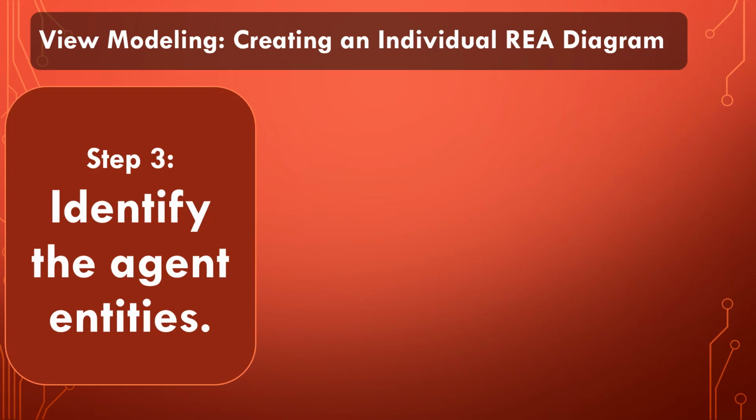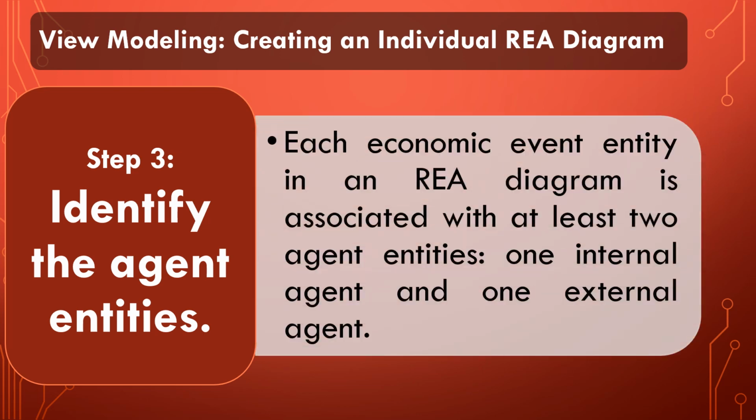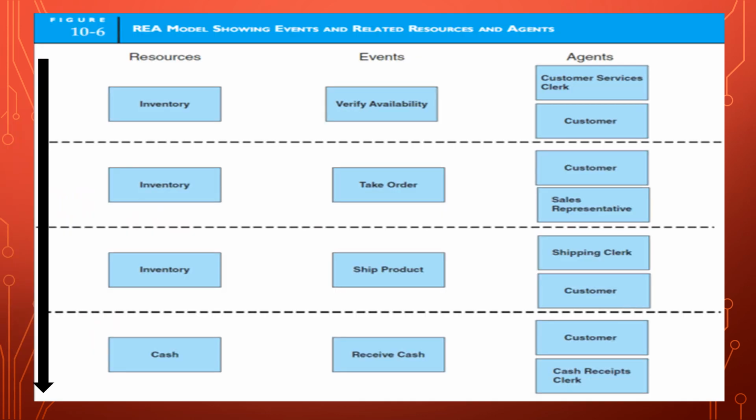Step three is identifying the agent entities. Each economic event entity in an REA diagram is associated with at least two agent entities, one internal and one external agent. This figure illustrates the REA model, with events in the middle and their relation to resources and agents.